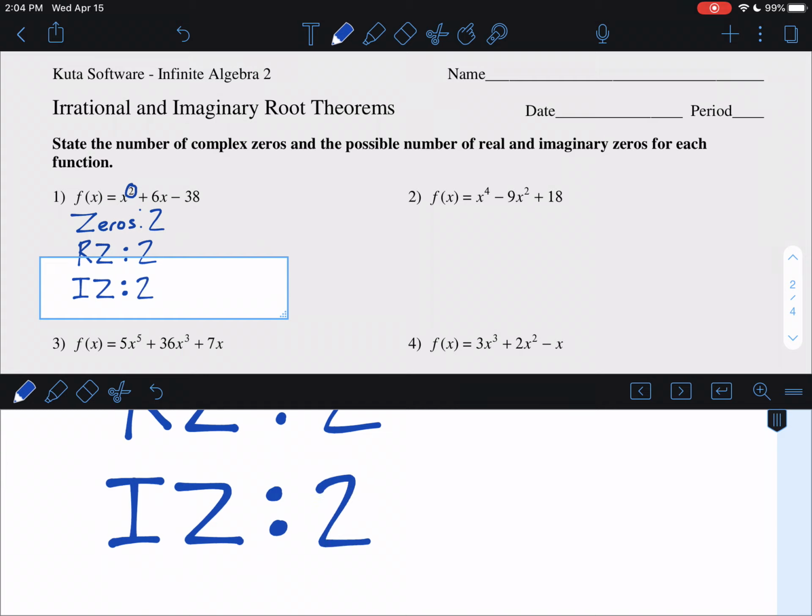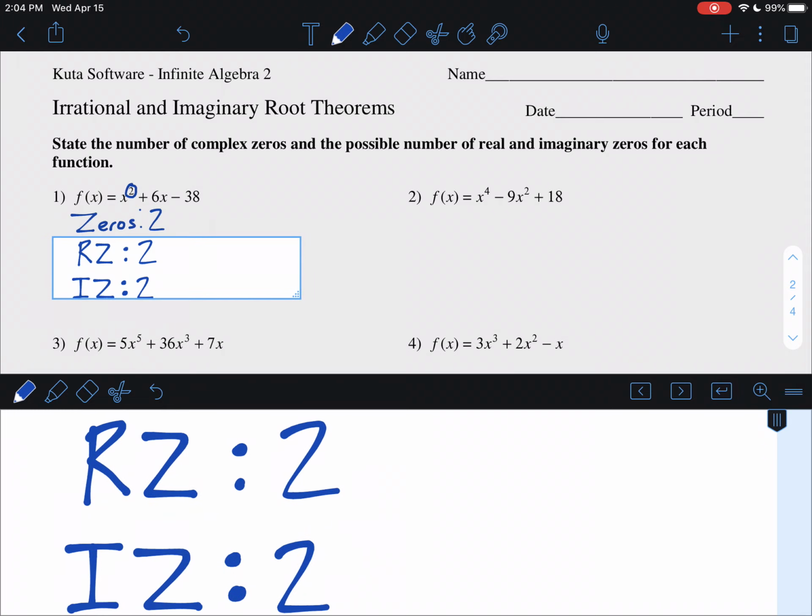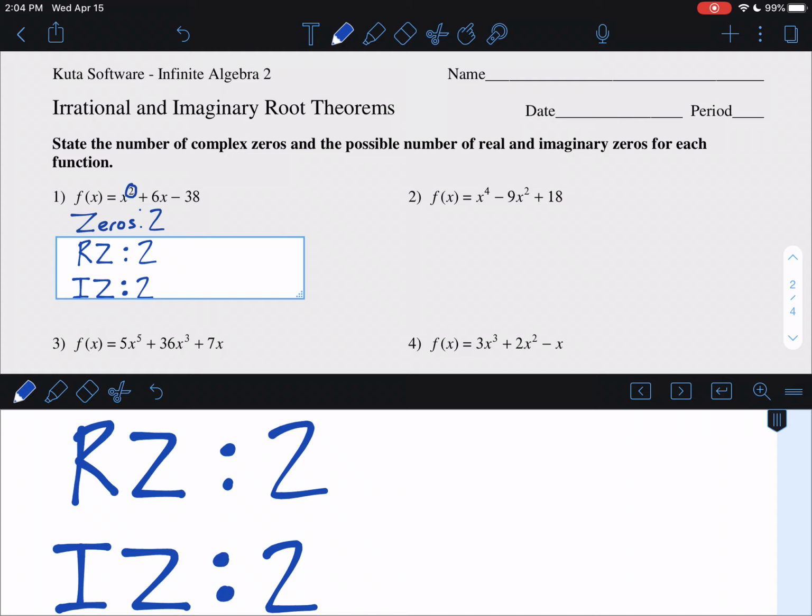And this is where things get a little bit trickier, because the imaginary zeros could be 2, the real zeros could be 2, but there's only 2 total. So what if I have one imaginary and one real?